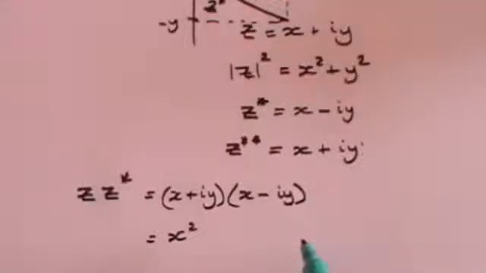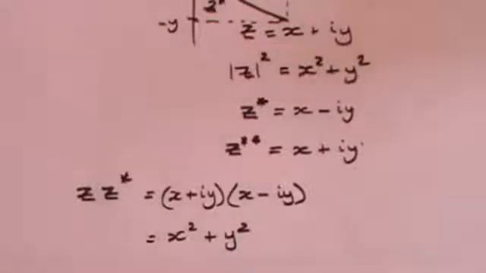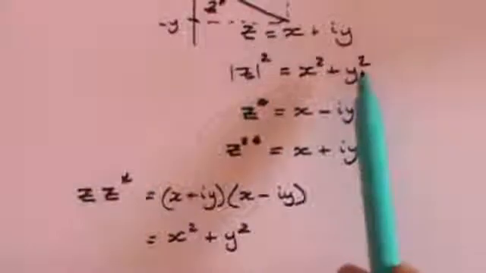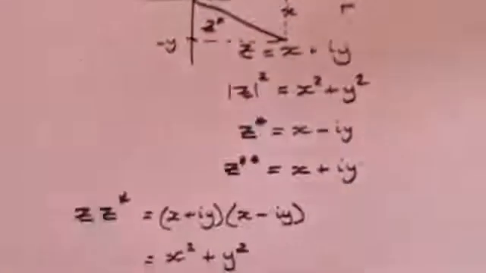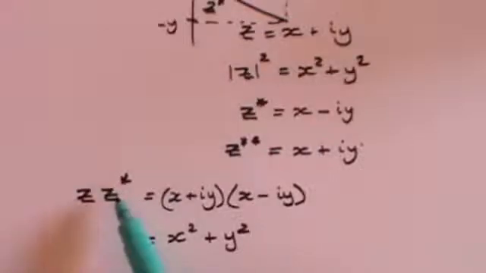But i squared is minus 1. So minus i squared is plus 1, and that will give you plus y squared. The complex number times its complex conjugate gives you the same result as the modulus of that number squared. The modulus of z squared was x squared plus y squared from Pythagoras, but you get the same result if you multiply the number by its complex conjugate. And that will be important when we get to some of the physics of quantum mechanics.